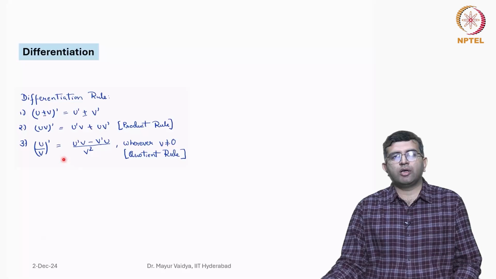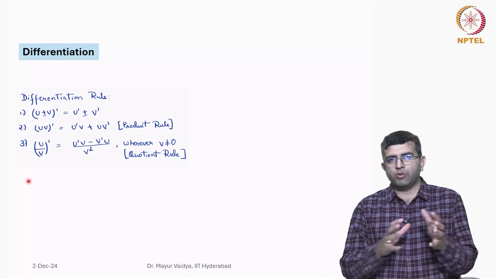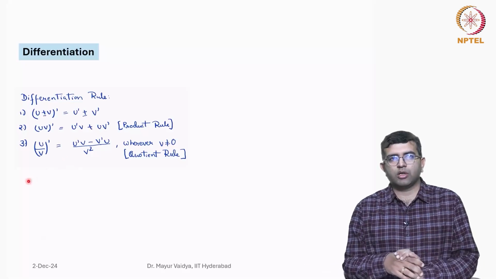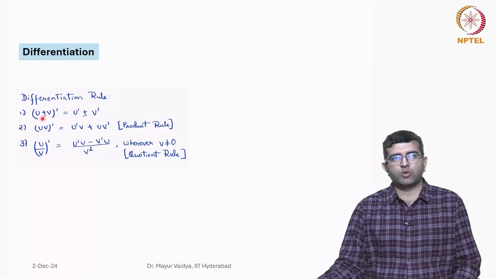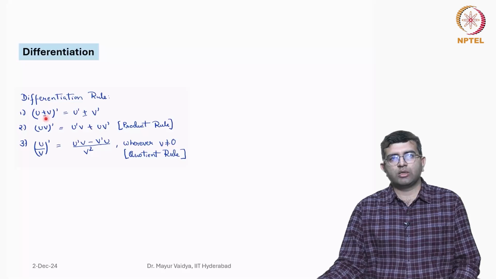Now, we will be using differentiation a fair bit in our course, and I think most of you are aware of these rules. If there are two functions u and v, then the differential of u plus or minus v is equal to u dash plus or minus v dash. Here the prime, u dash, refers to the differentiation of u.